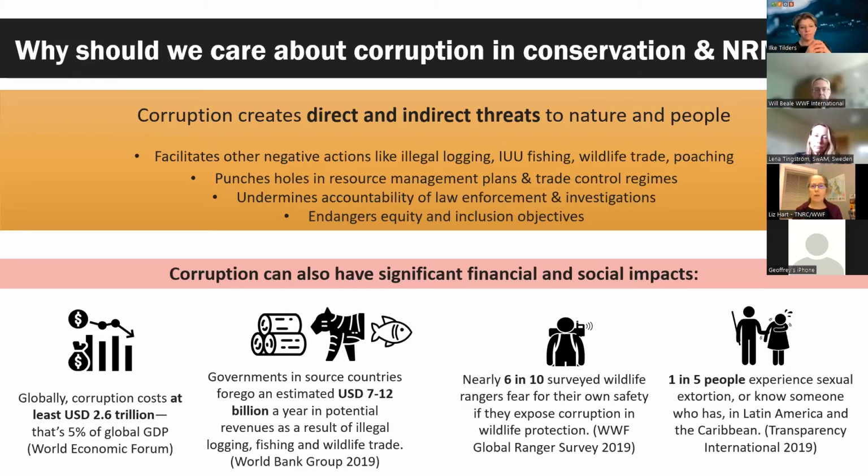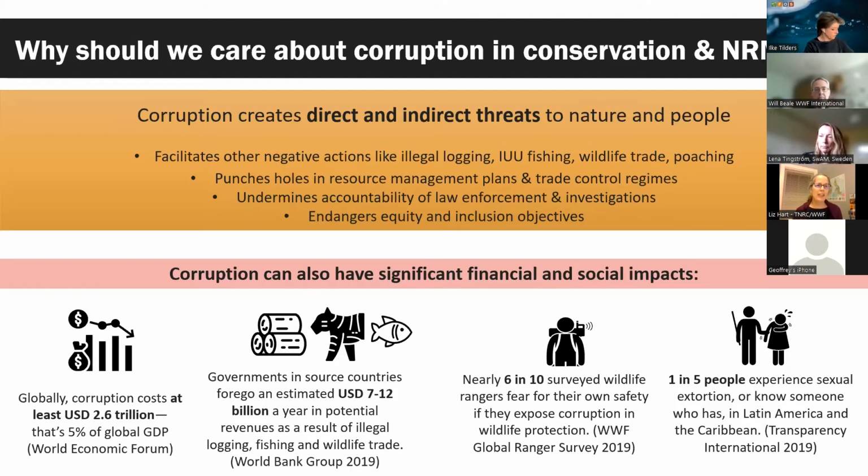So for instance, corrupt fishing and logging permits, corrupt access to wildlife and poaching opportunities, and also then indirect threats, for instance, misdirected funds for ecosystem service payments or reduced incentives and commitment to conservation because of corruption. In addition, as conservation specialists, we often think about wildlife, forest, and marine supply chains, those things that I just mentioned.